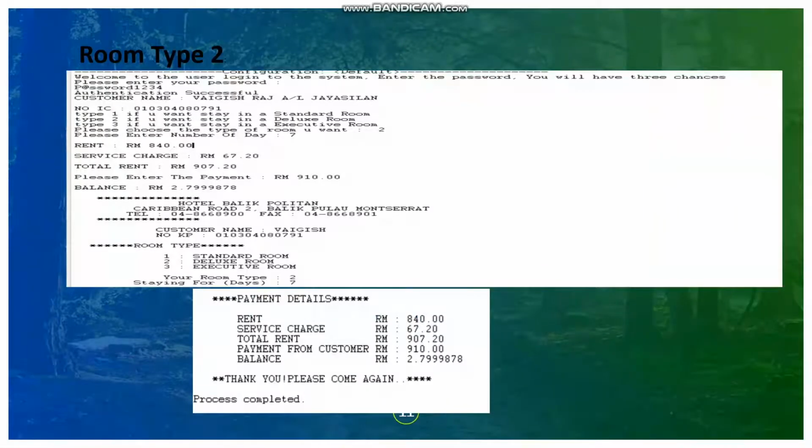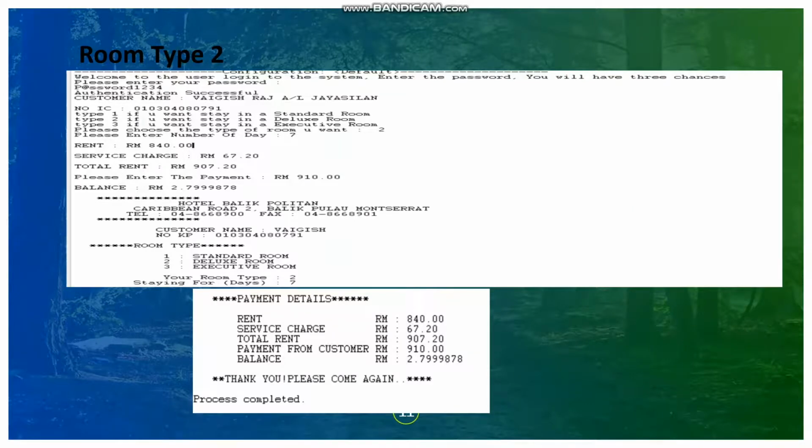For room type 2, it's the same procedure. If we change to room number 2, which is the deluxe room, then we enter the number of days we are going to stay. It will show the amount of rent, the service charge, and also the total rent.